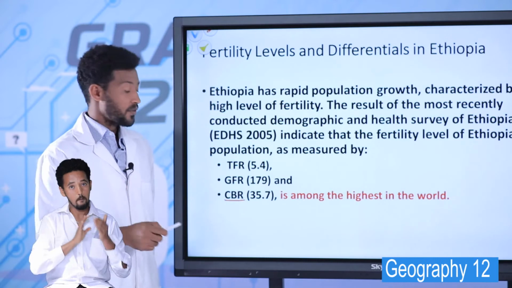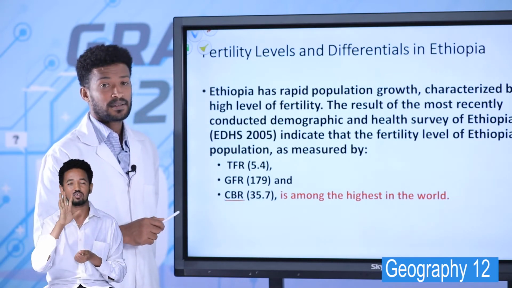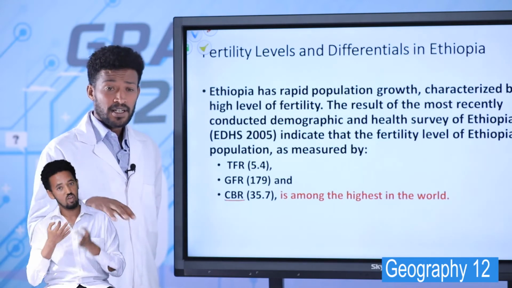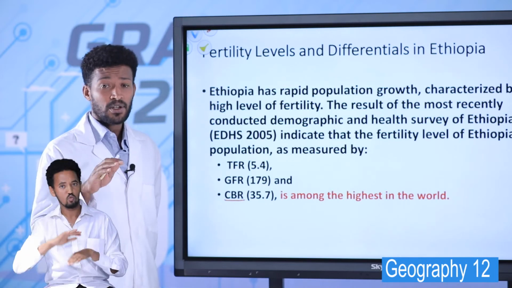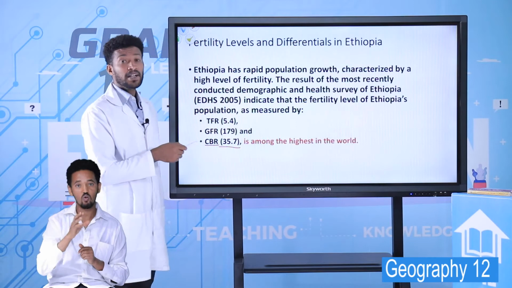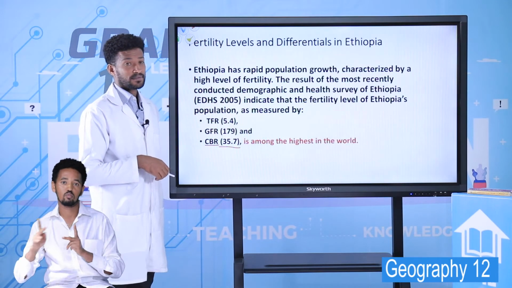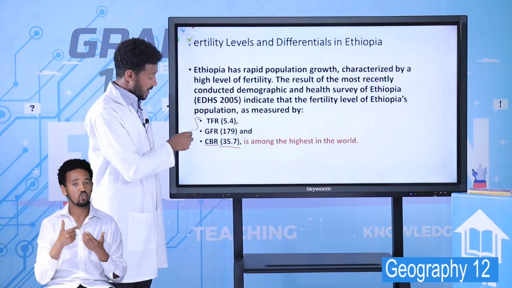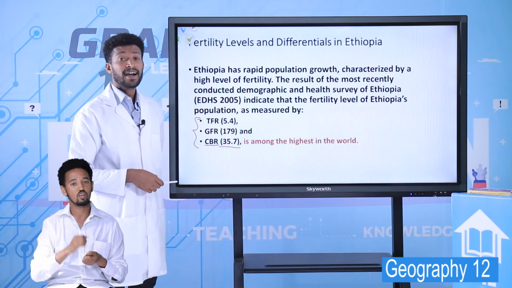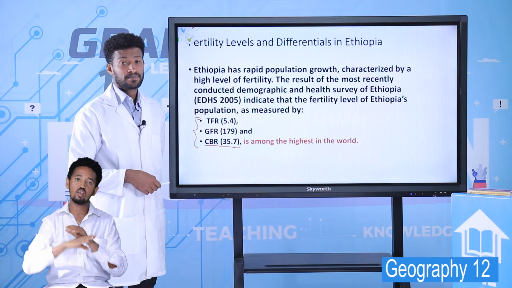The crude birth rate of Ethiopia is 35.7. As I have said, if you take a total population of 1,000 randomly, 35 or 36 births may occur from that total population. So, using these numbers, Ethiopia has one of the highest fertility levels in the world.